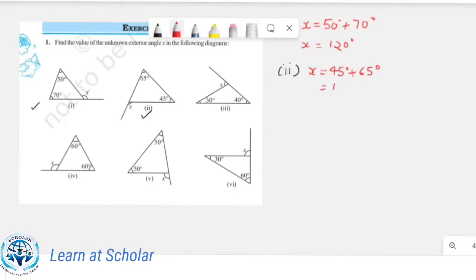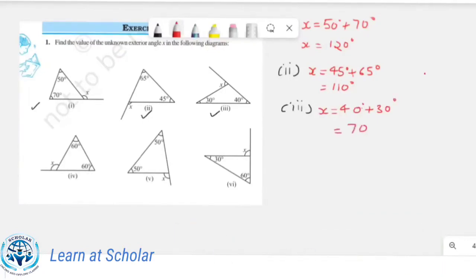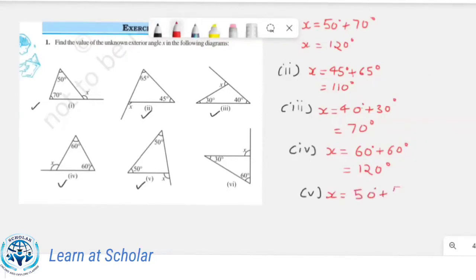We will add the interior opposite angles and we will get the sum as the answer. You have seen that I have summed the interior opposite angle to get the measurement of the exterior angle.